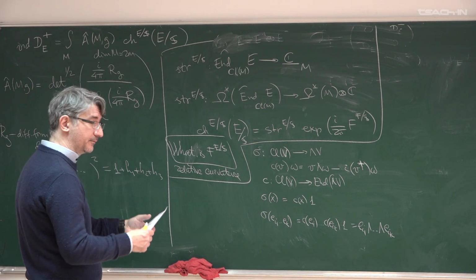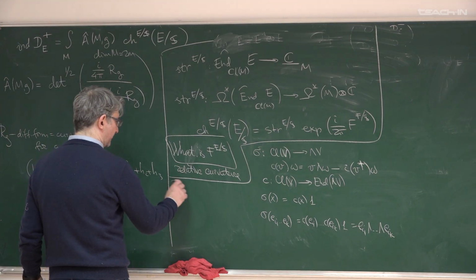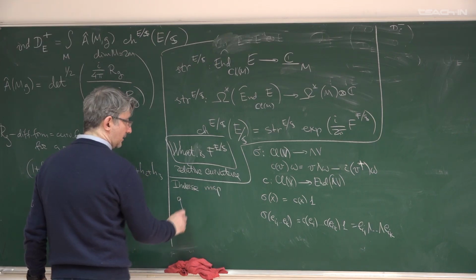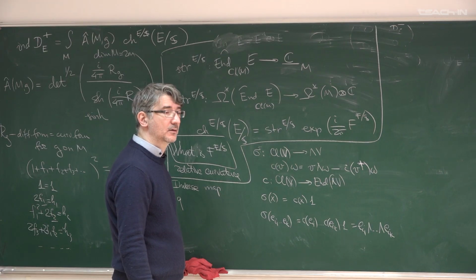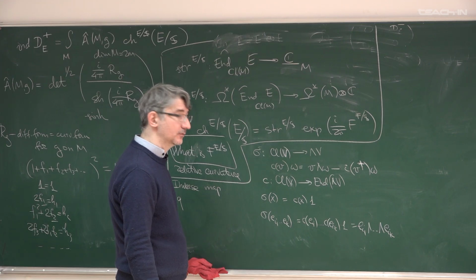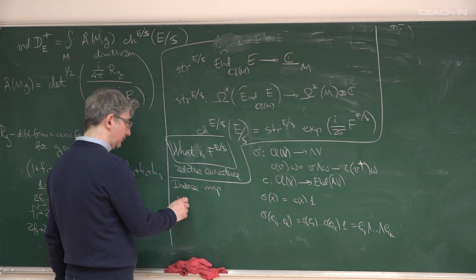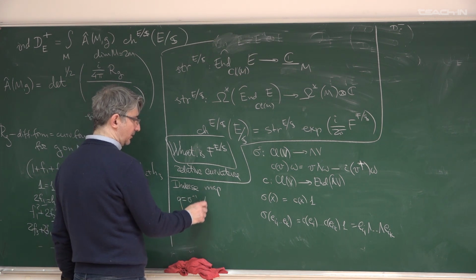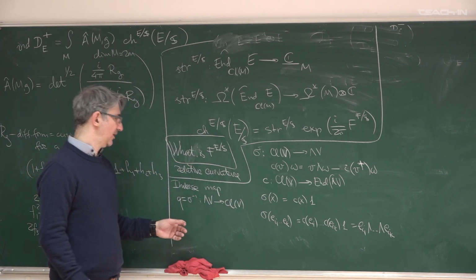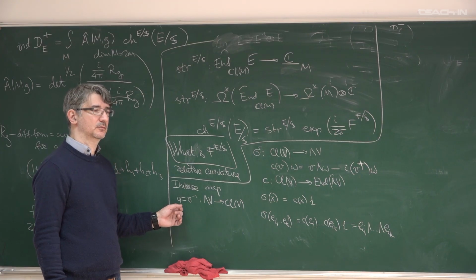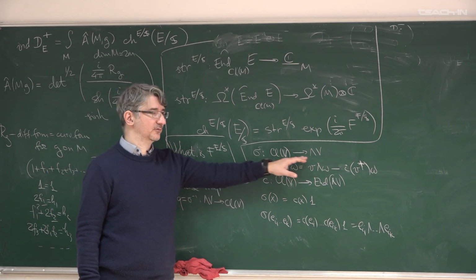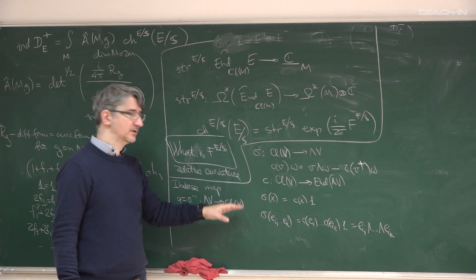Now I want to define the inverse map. Is it correct that V goes to V itself, a vector? If V is a vector, then via this sigma... Yes, that's correct. Q is inverse to sigma. It maps this guy to this guy. Now, tell me please, what can you say about properties of Q? This was used to prove that the dimension of Clifford is the same as the dimension of exterior algebra, so it's a linear isomorphism.